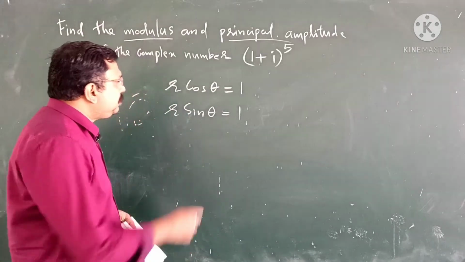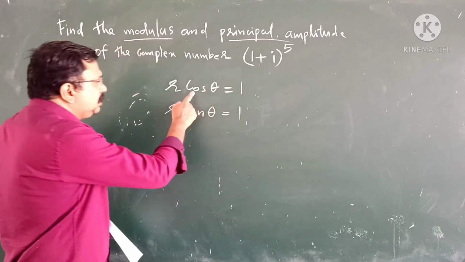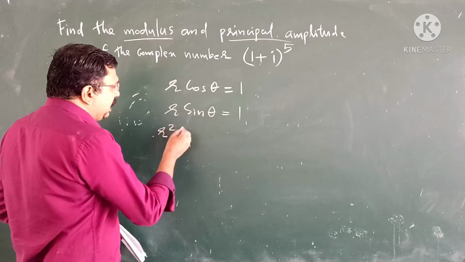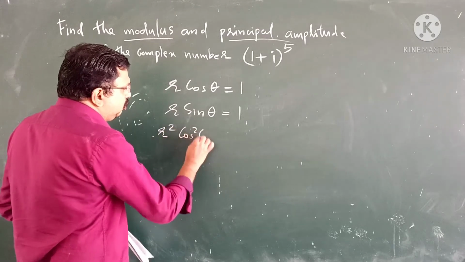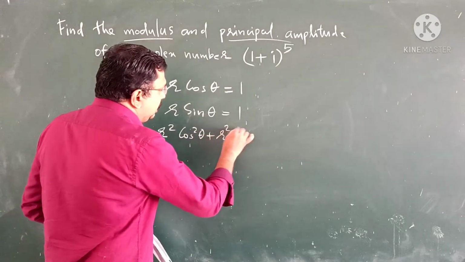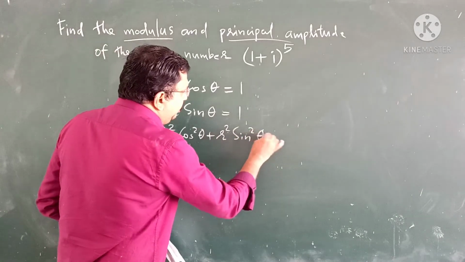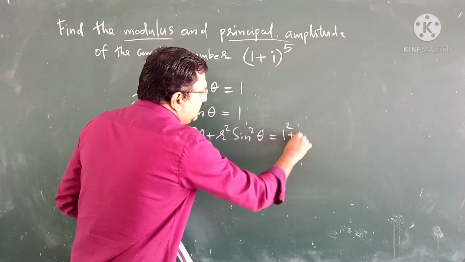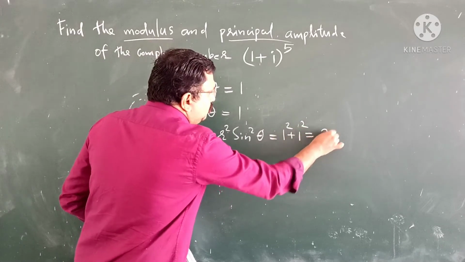Squaring and adding these two equations, we get r² cos²θ + r² sin²θ equal to 1² + 1², that is equal to 2.